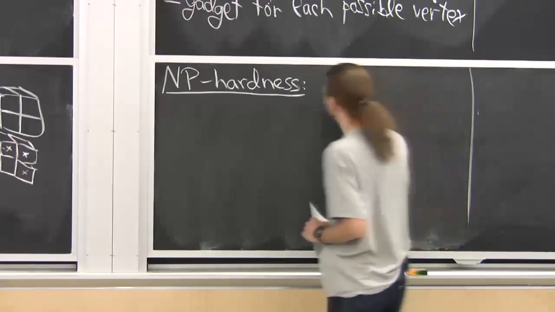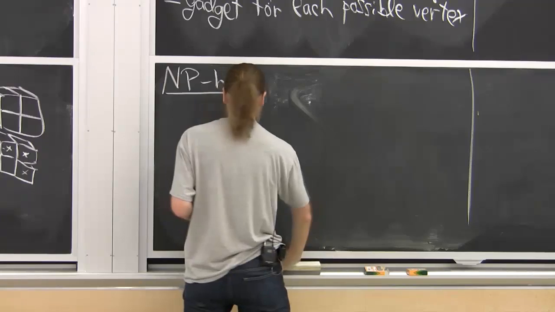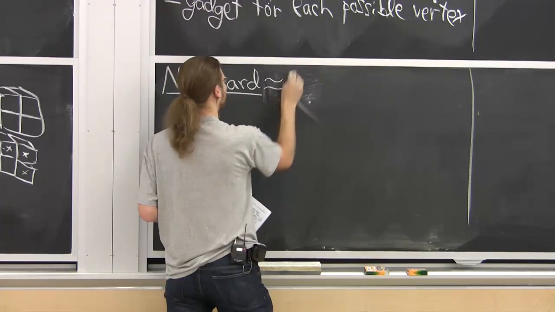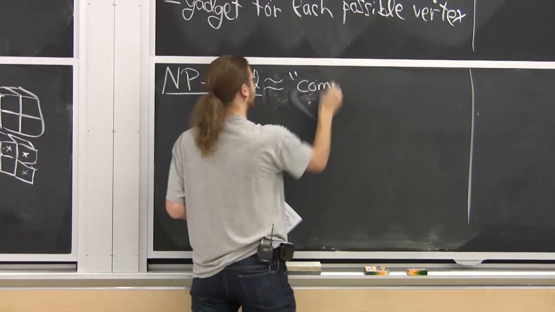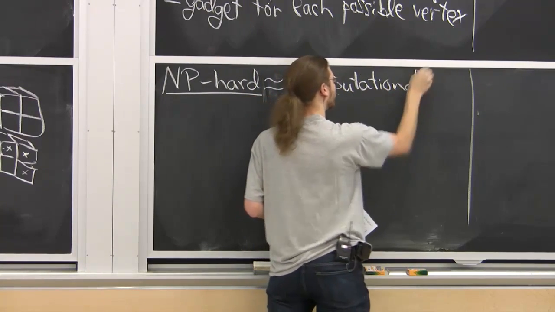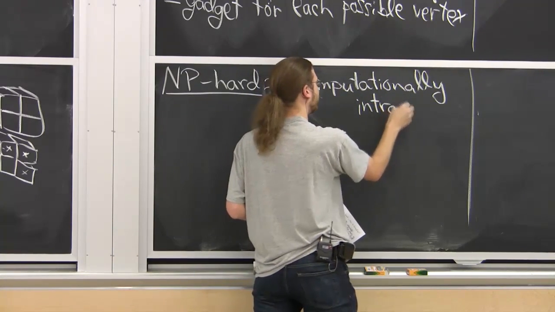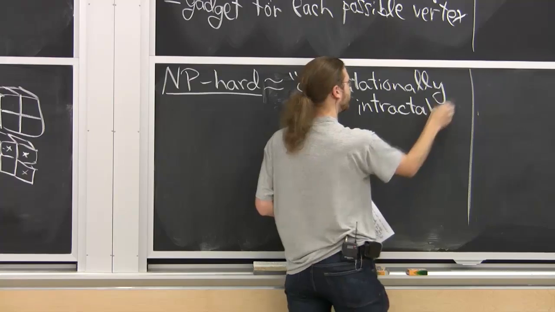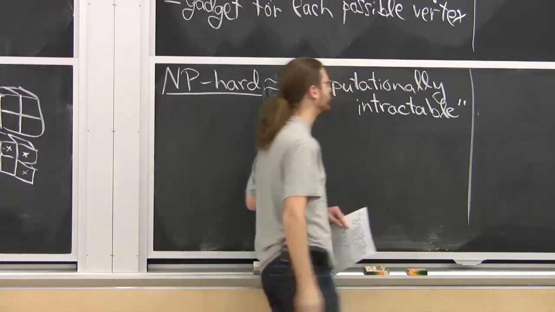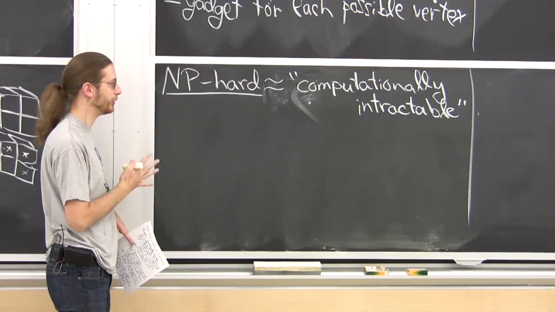I don't want to formally define it because it's a little bit technical, but a working definition, there are lots of working definitions that are super easy to tell you. So the informal version is that NP-hard problems are computationally intractable problems, meaning there's no tractable way, no efficient way to solve it on a computer.